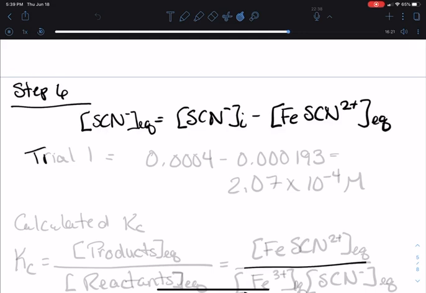So for trial 1, that would equal 0.0004 minus 0.000193.